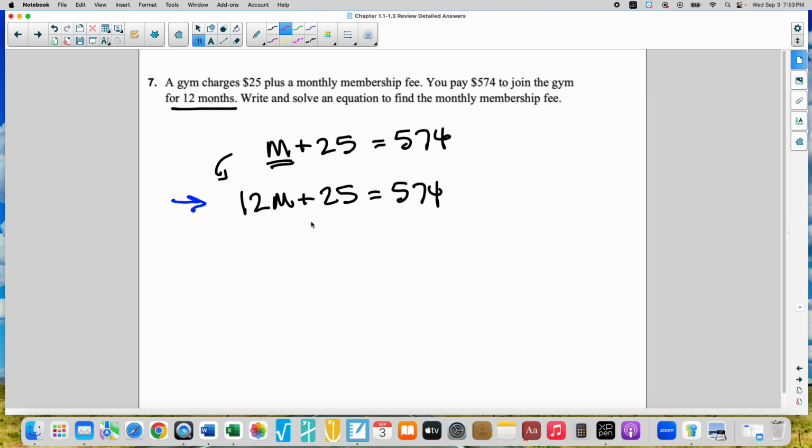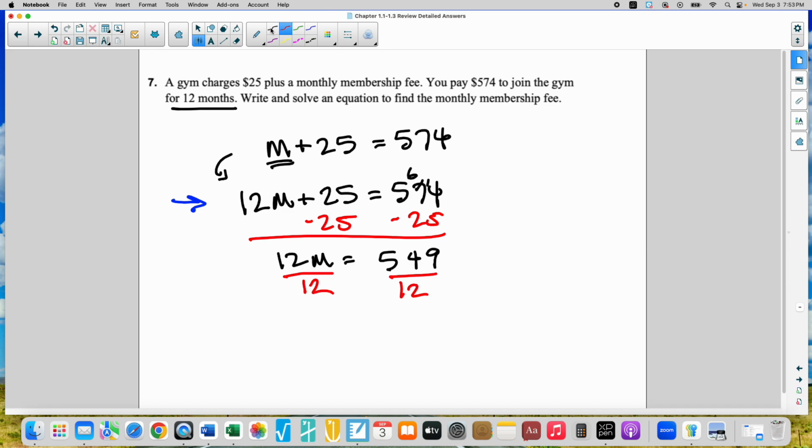Now we're going to solve. We're going to subtract 25. That's not fun. 12m equals, 5 you can't take. That becomes 6, borrow. That's 9. 2 from 6 is 4. 549. We're going to divide by 12.